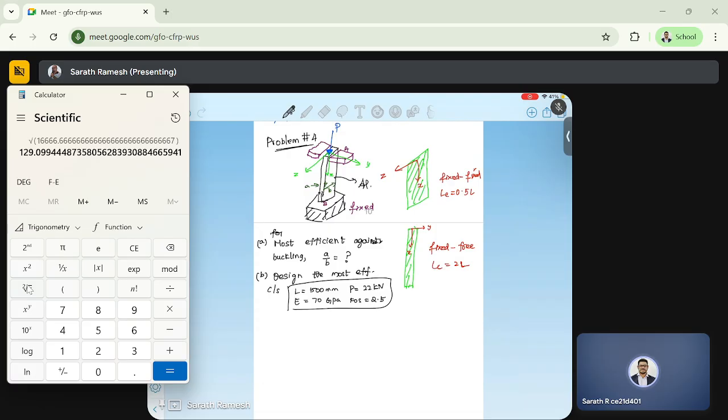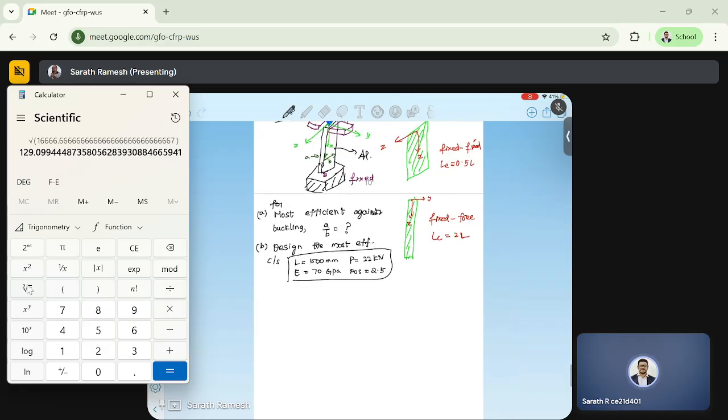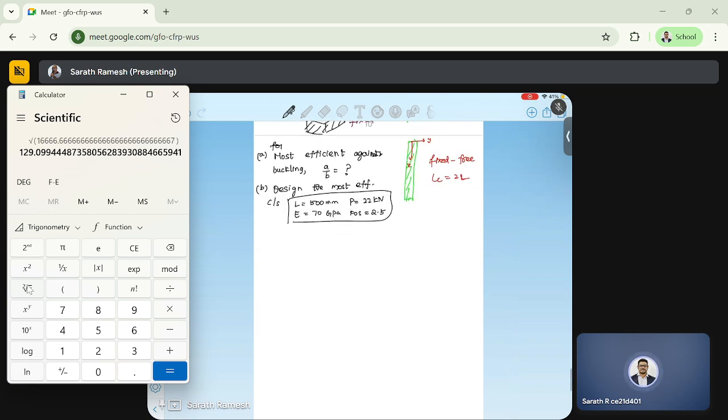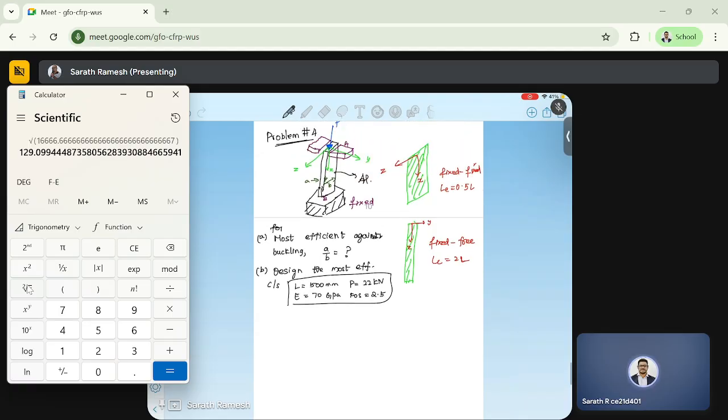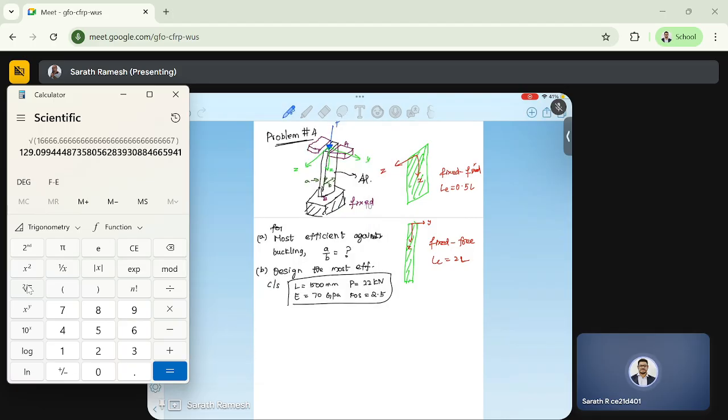For this case we have to find the most efficient section, the ratio of the dimensions against buckling, and then design the cross section, meaning find the values of A and B.